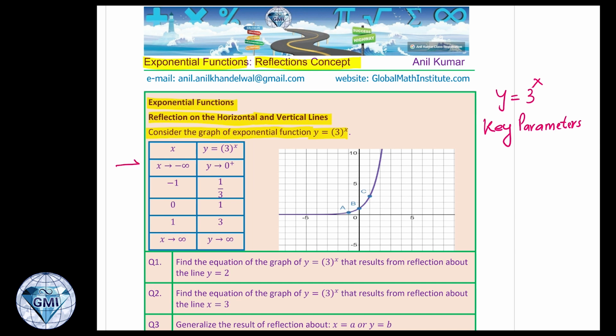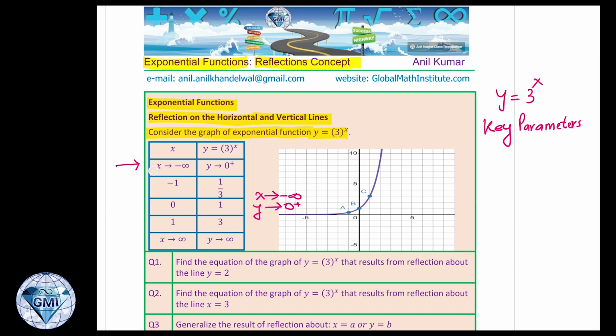End behavior, which is what happens when the x value is very large but negative. When x approaches negative infinity, what happens to the y value? As you can see, y approaches 0. And since it is in quadrant 2, it is also positive.